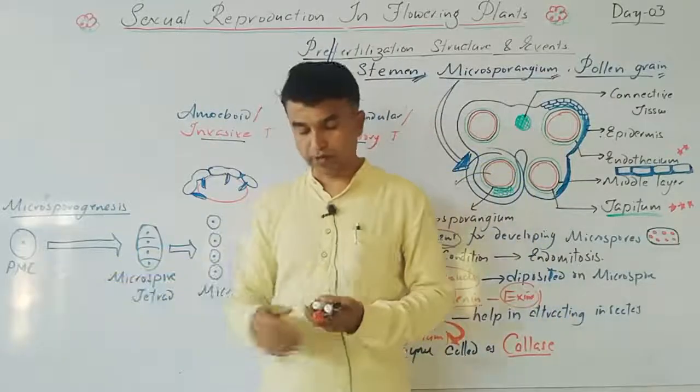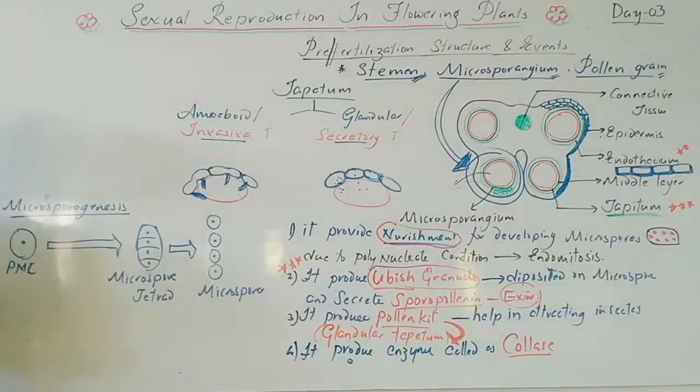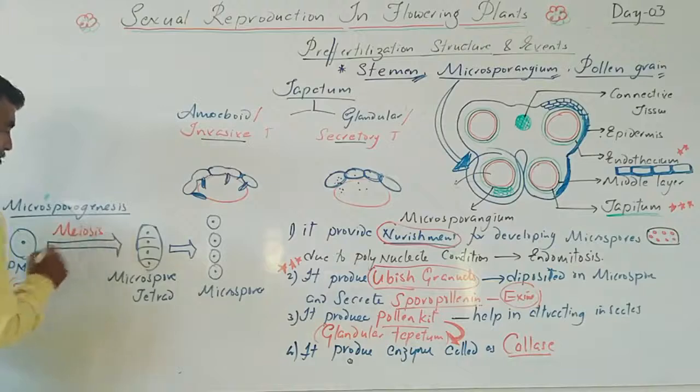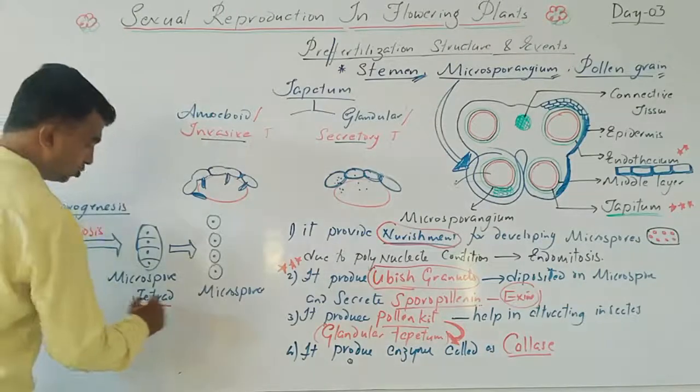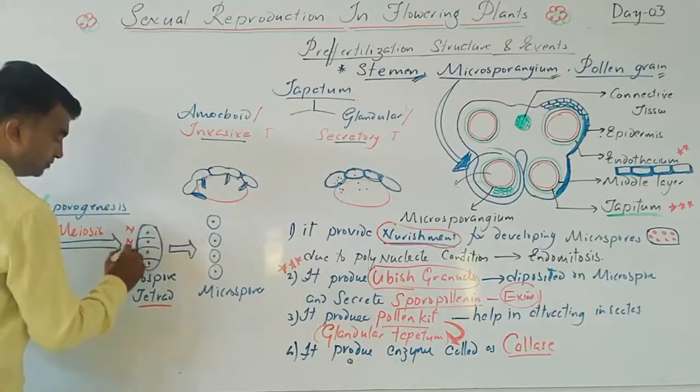This is diploid in nature, so ploidy is important here. The pollen mother cell or microspore mother cell is diploid. It undergoes meiosis and produces a microspore tetrad, and all are haploid in nature.